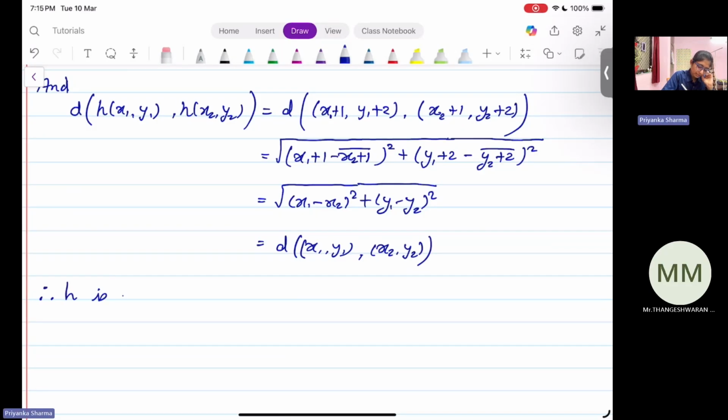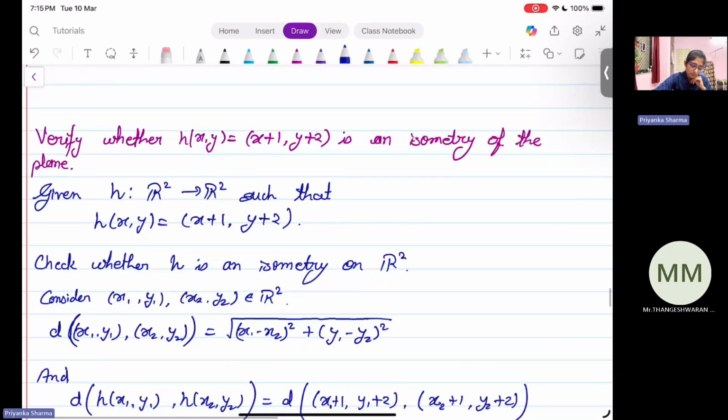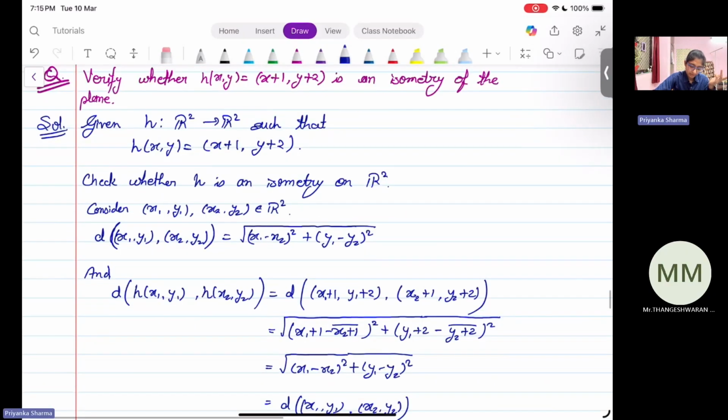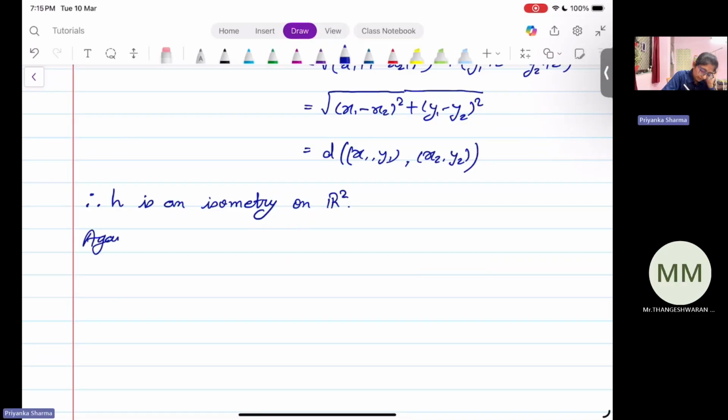Therefore, H is an isometry on R square. Okay. So, yep, this is an isometry, but which kind of isometry? Again, H of (x, y) is (x plus 1, y plus 2), which can be written as (x, y) plus the point (1, 2).